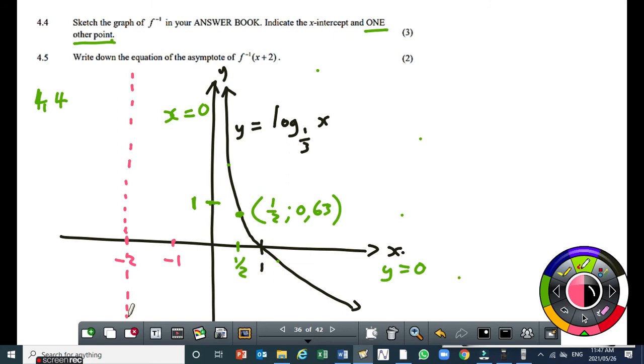Do you know that when it comes to shifting of graph, you can shift the graph itself whilst the x and y axis are stationary. You can also shift both the Cartesian plane itself and the graph itself.